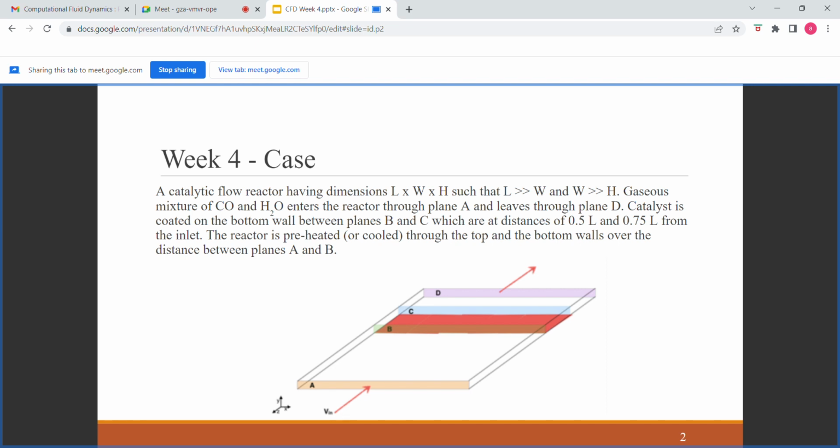The dimensions of this case are given, where the height is very small, the width is comparatively larger than the height, and the length is very large. From plane A, gaseous reactants like carbon monoxide and water mixture enter and leave through plane D. Plane B is exactly at the midpoint of planes A and D, and plane C is at the midpoint between planes B and D. Between planes B and C, it is coated with catalyst.